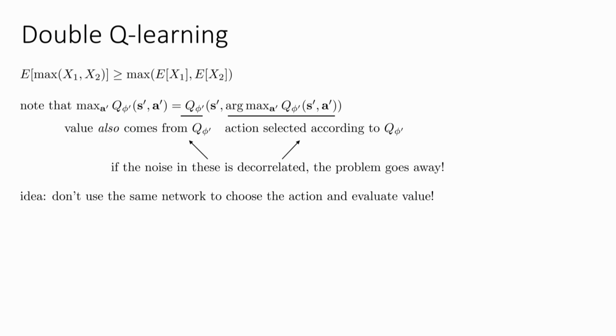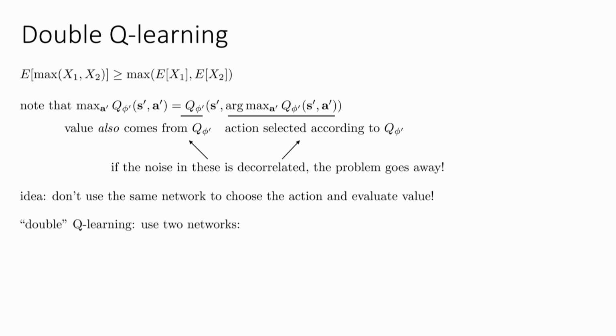So if this dotted line is the one where I take the argmax, maybe I plant the argmax right here, and then I get the value from the solid line, now I don't overestimate anymore, because the errors in selecting the position on the x-axis, which is the action, are decorrelated from the errors in this direction. So this will help me mitigate the problem.